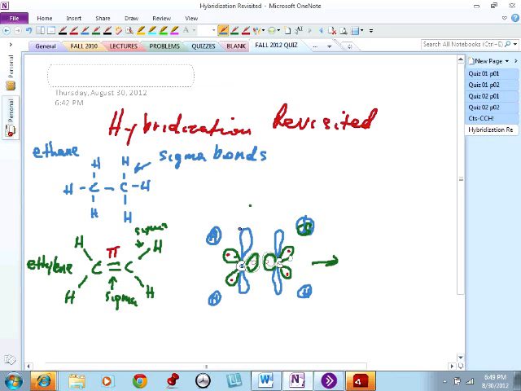Hydrogen right here. Now they all want to overlap.